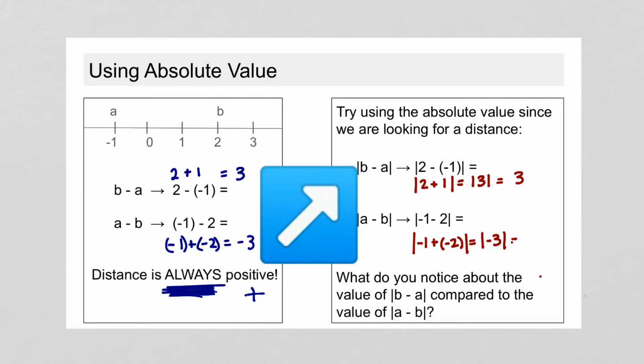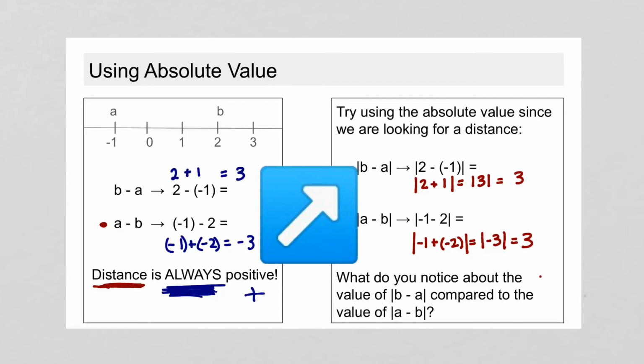Well, what is the absolute value of negative 3? It's also 3. So when we just looked at them as numbers, we got a negative 3. But what's the game changer here is that we know that distance is always going to be positive. So what we want to do is view this through using the absolute value.